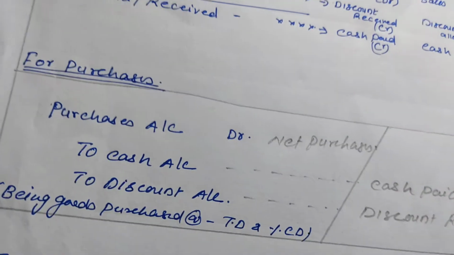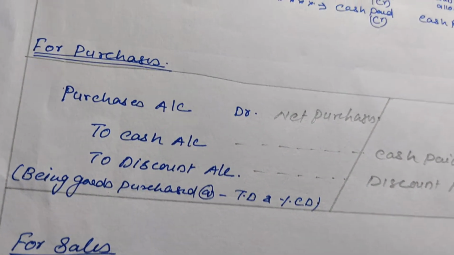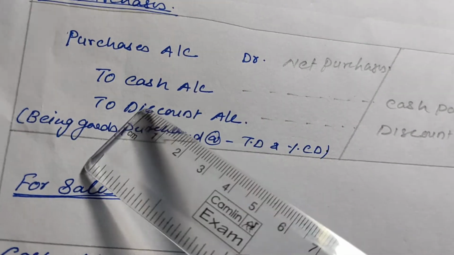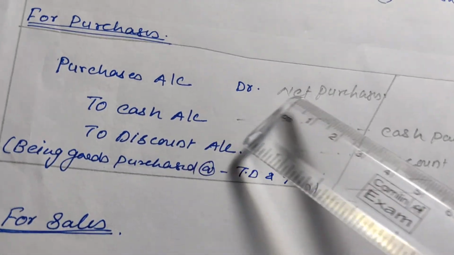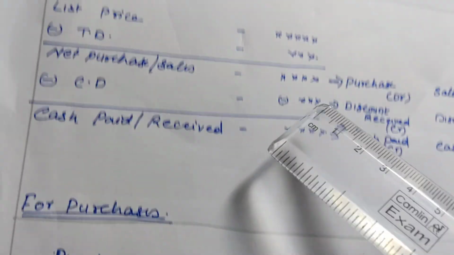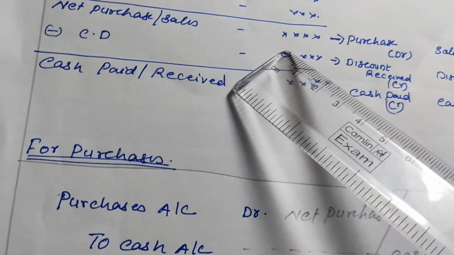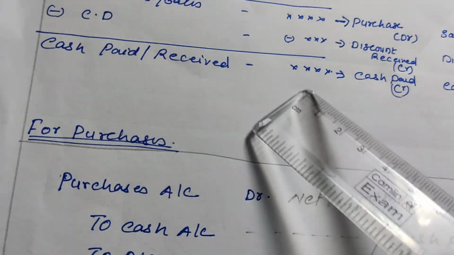In purchases we will write the net purchase value, in discount we will write the discount value, and in cash we will write the cash value.